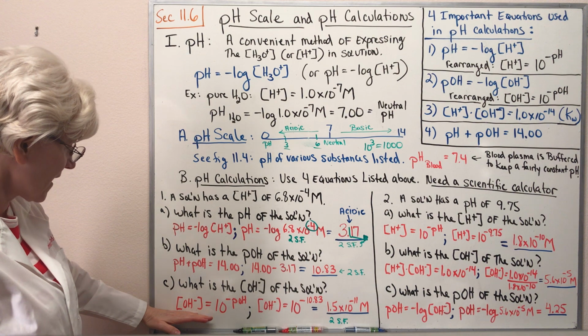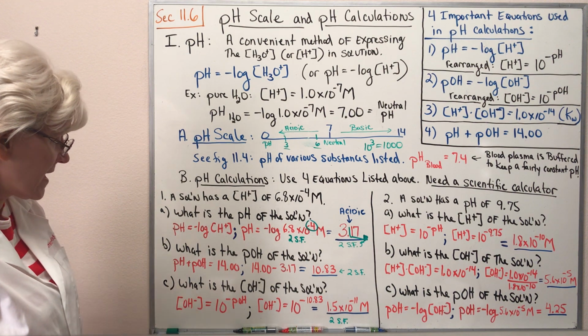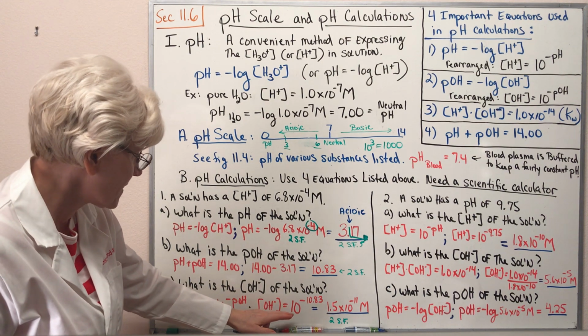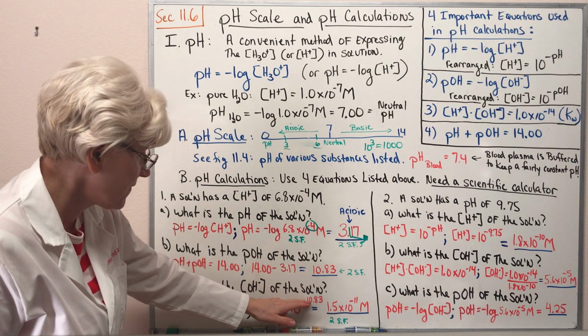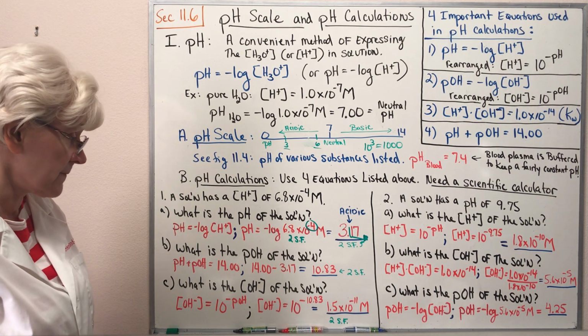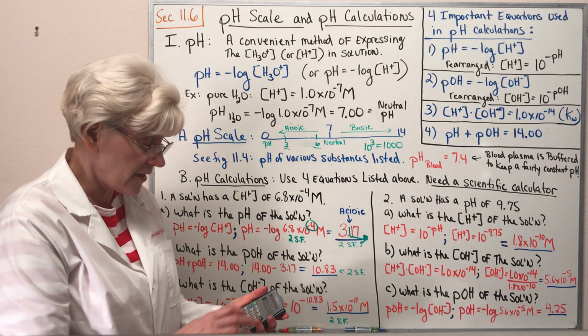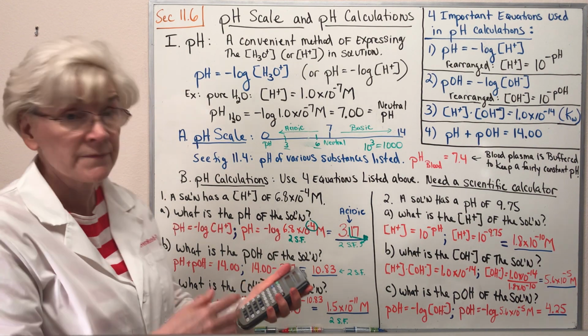So hydroxide ion concentration is 10 to the negative pOH, or 10 raised to the power of negative 10.83. And let's just stop for a minute and discuss how you would do this on your calculator.